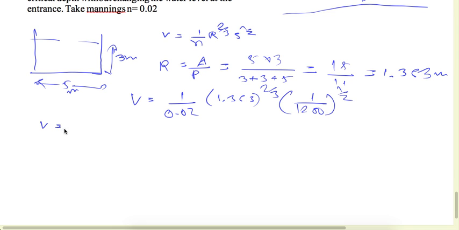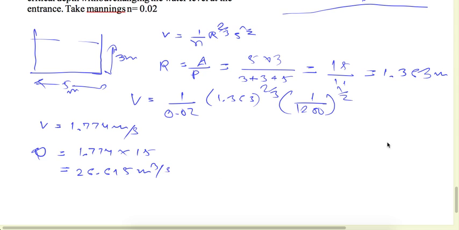So V is equal to 1.774 meter per second. Q is equal to velocity into area. Area is 15. Q is 26.615 meter cube per second.